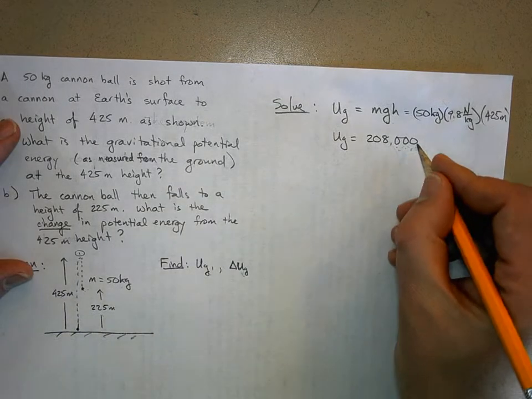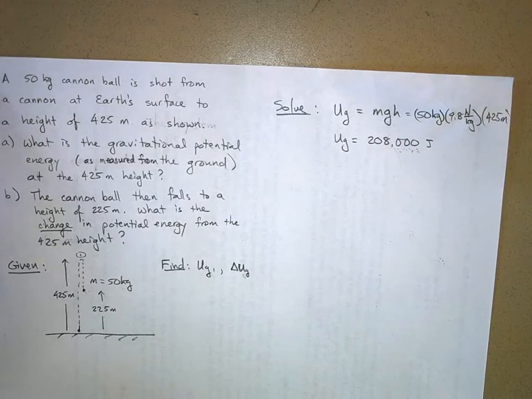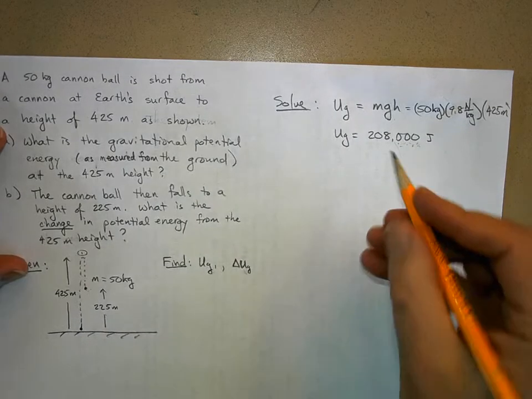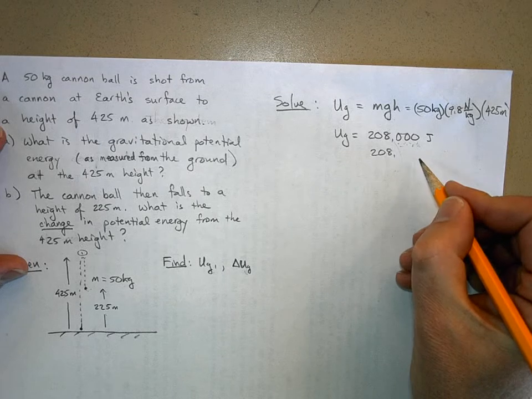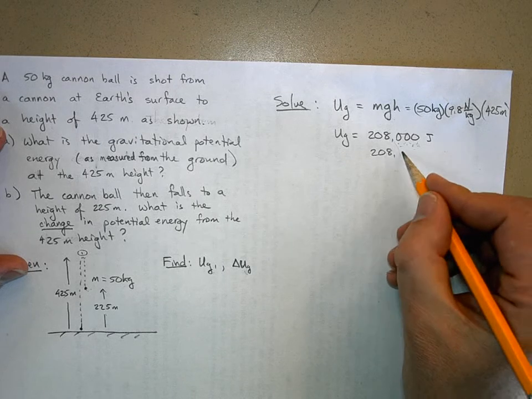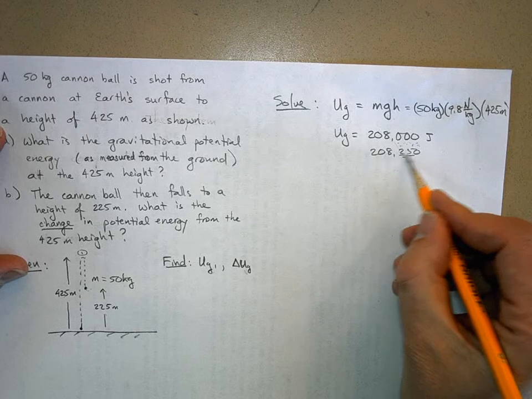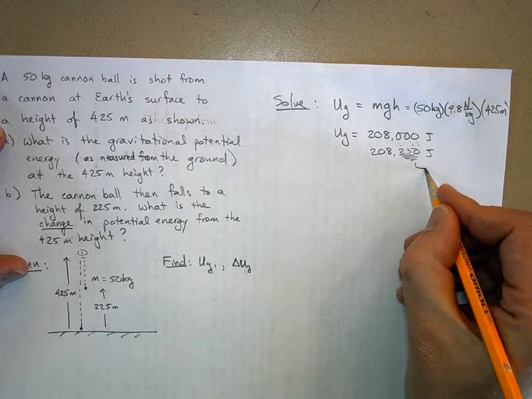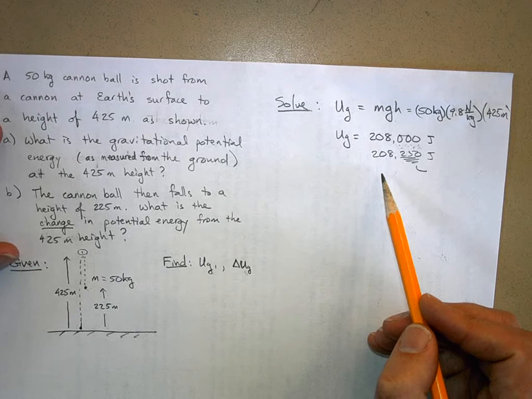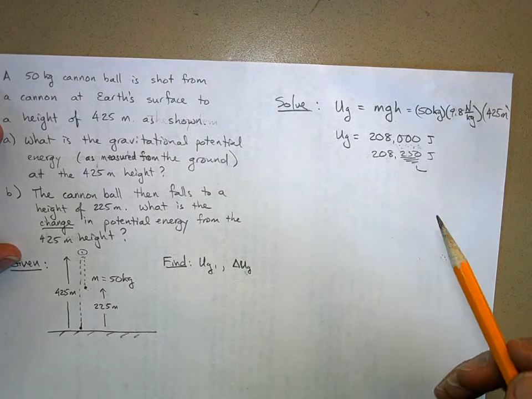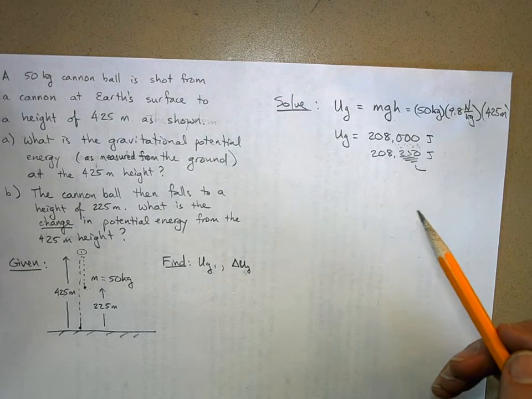Yes? So you're telling us not to be accurate. I'm telling you to not lie. Because if you put 208, and then what did you have here on your calculator? 250. Your level of certainty is maybe 3 significant figures here. So if you put in 5 significant figures, you're implying a precision you don't have.